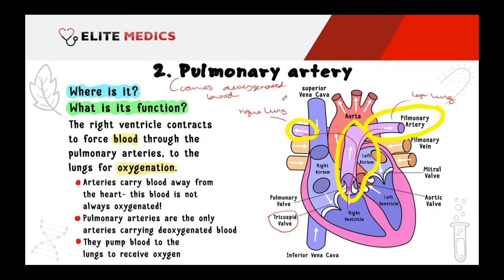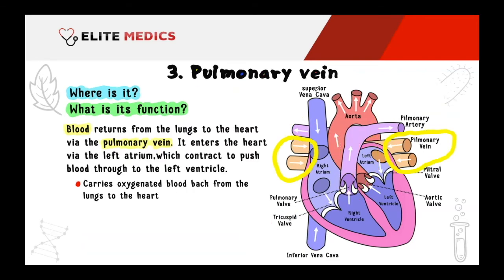But because this is an artery, it takes blood away from the heart to the lungs, in order to be oxygenated. So this blood has to be deoxygenated. Do you see that? So just bear in mind this is the only artery that carries deoxygenated blood, so it can be oxygenated in the lungs.